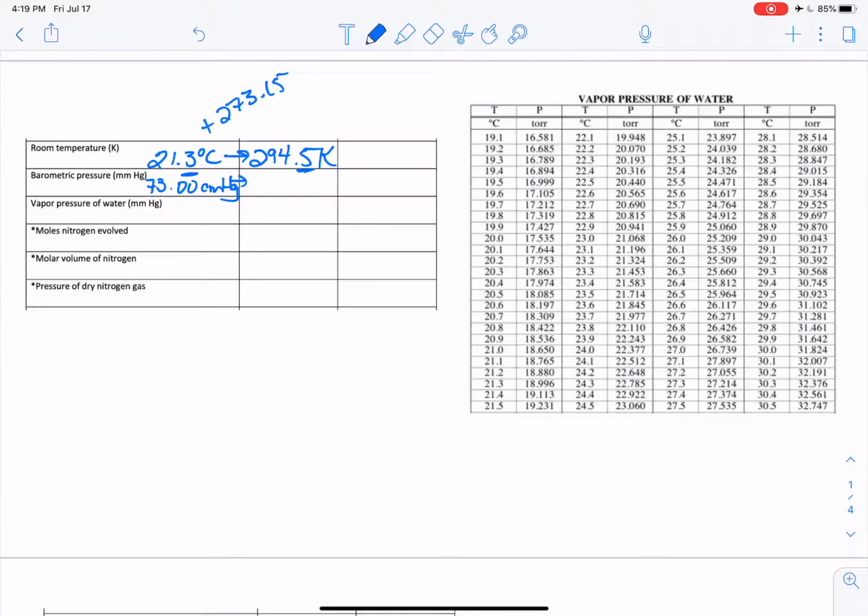And you guys are going to have to convert that into millimeters of mercury. So you're going to have to know how many millimeters are in a centimeter and do that conversion. Now, there's a very, very easy conversion between millimeters of mercury and torr, and I'll let you think about that for a second.